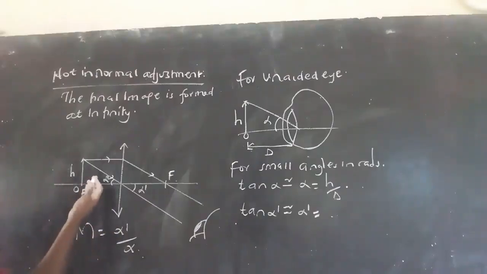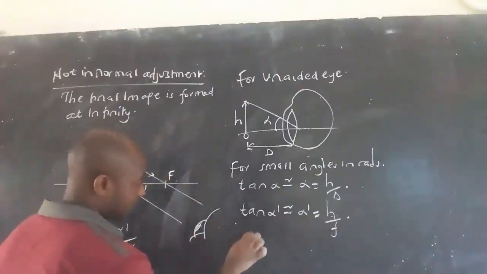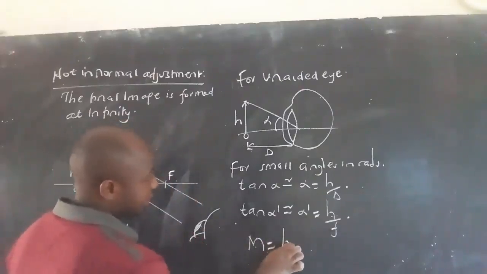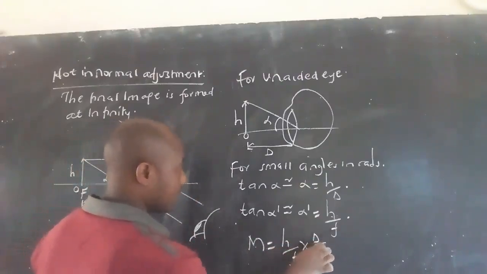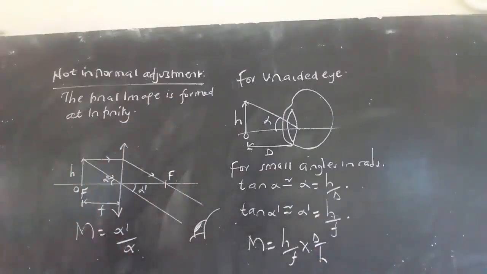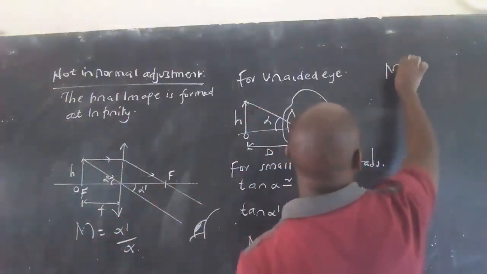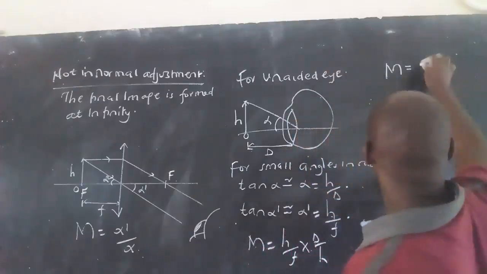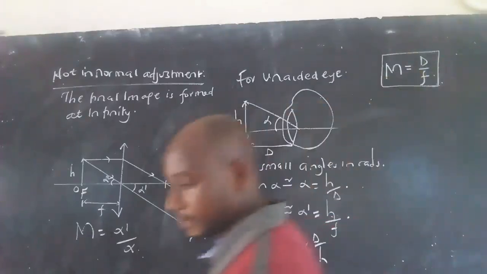So this distance is the focal length, so it will be H over F. When we divide, magnifying power will become H over F times D over H. The H is going to cancel, so our magnifying power M will now become D over F.